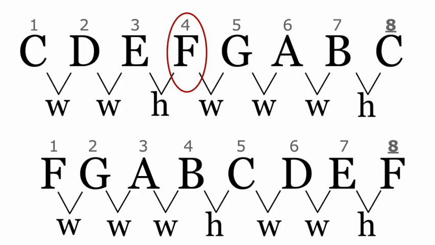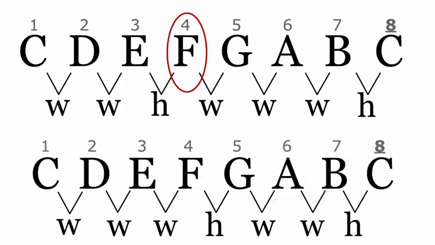Now, obviously, we need to take a look at this by way of comparison from C Ionian to C Lydian, and since these are both major scales, we can compare them one for one. We'll notice that between the 3rd and the 4th degree in the scale, in Ionian, at the top, we have a half step. At the bottom, in Lydian, we have that whole step, which gives us that raised 4th.